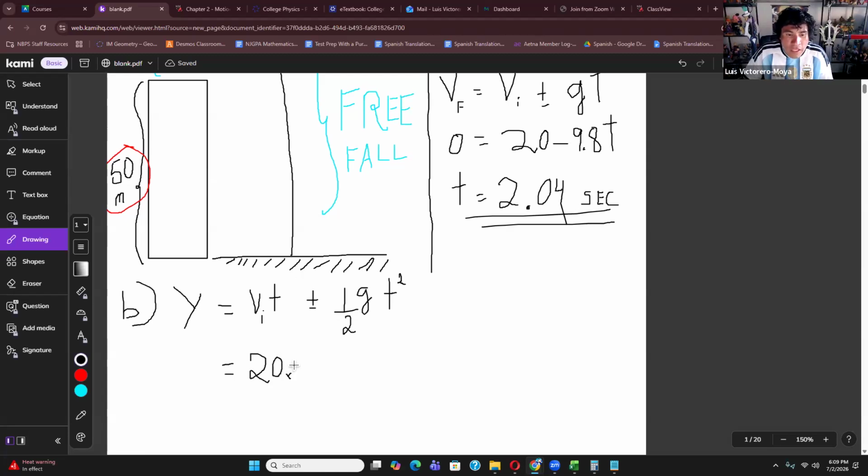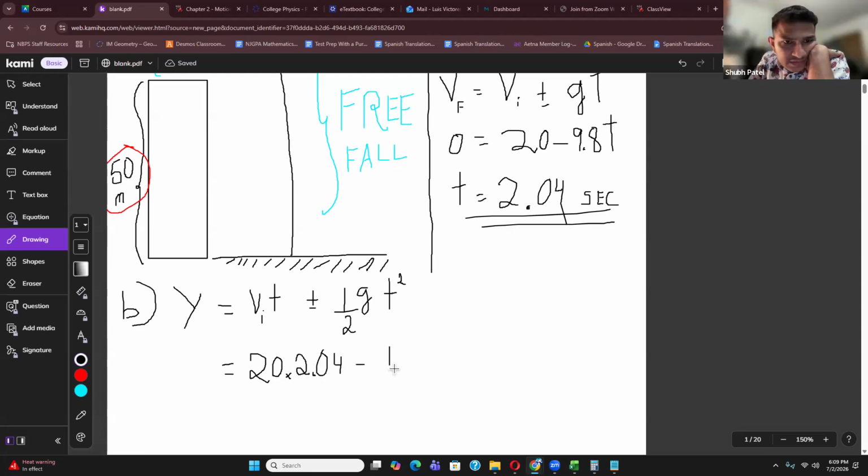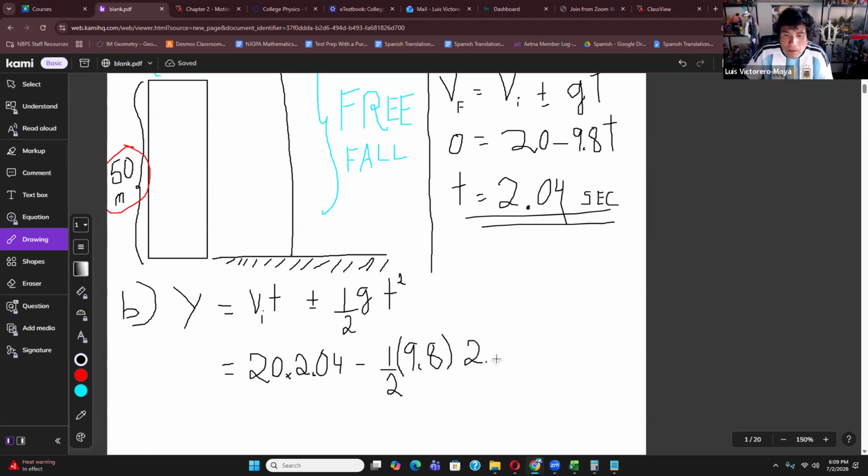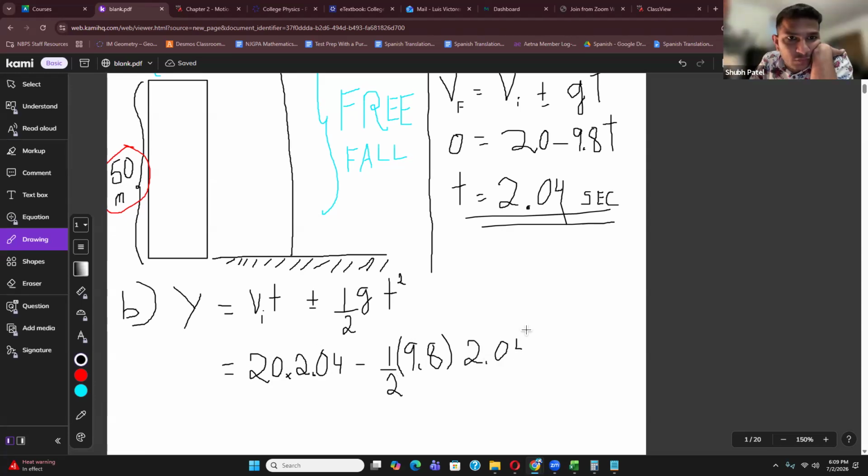So 20 times 2.04 minus 1/2 gravity times time squared. I got 70.41. Is this y? The maximum height 70.41.